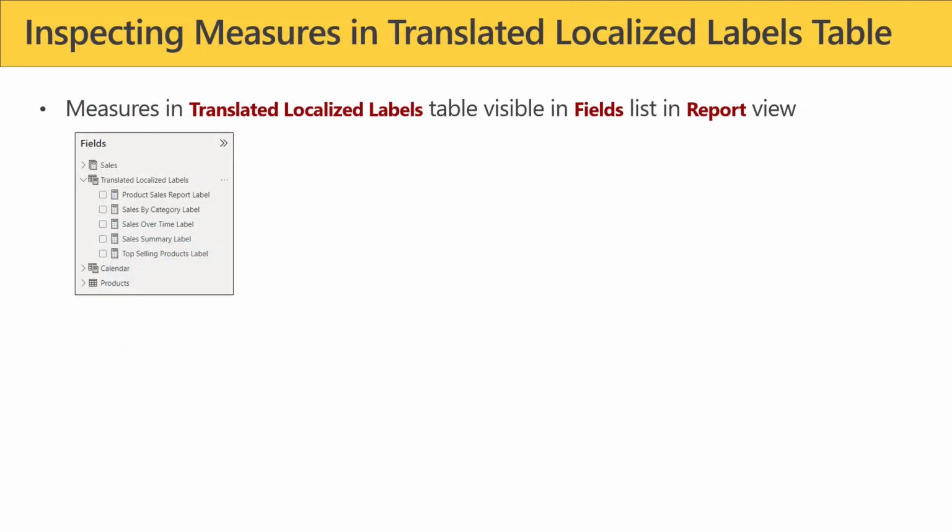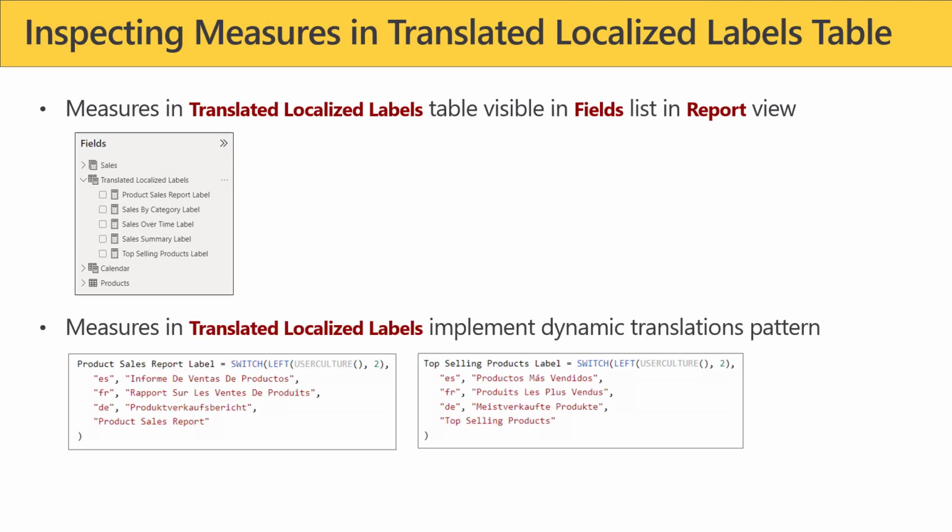So when you move into report view, you will see the translated localized labels table has measures, very easy to use. And if we look at those measures, we can see that there was code to automatically generate those measures by looking at the translations in the localized labels table. Okay, pretty neat stuff. It's just we have to remember to execute the generate translated localized labels table command.